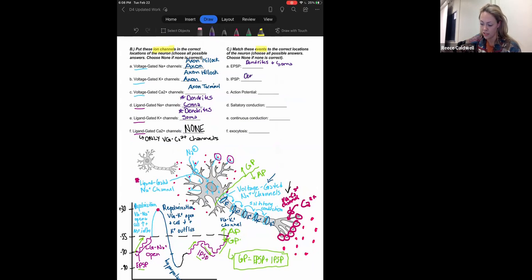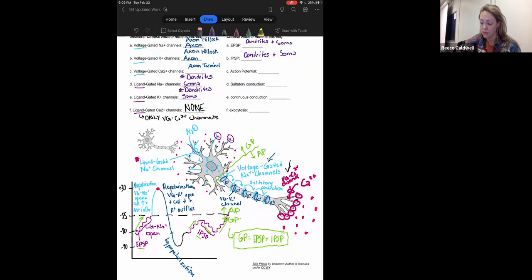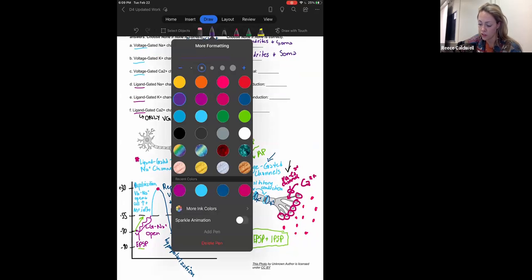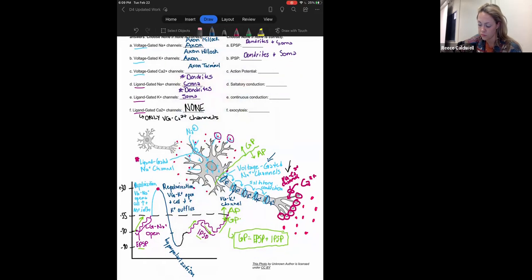That also is the case for IPSPs, the dendrites and soma. Our action potential occurs at the axon hillock and axon.